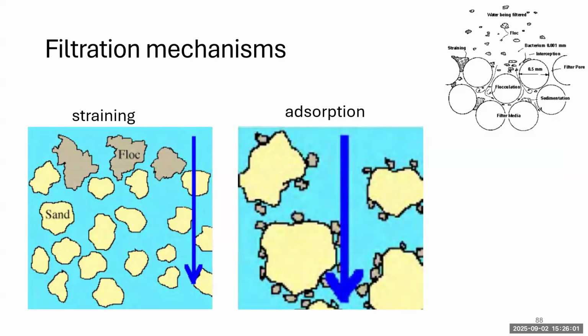Where adsorption is, for one reason or another, the particles are adhering to the grains, and it could be electrostatic charge, and there's a variety of different terms that they use for this basic function, but the electrostatic environment causes particles to adhere to the media, and that's going to be improved if you have it coated with coagulant chemicals.